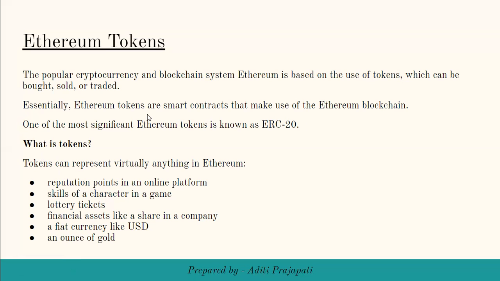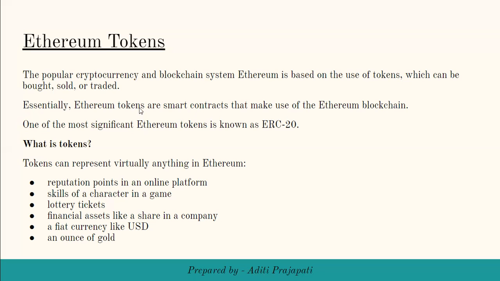Now, what are basically tokens? Tokens can virtually be anything, like reputation points in an online platform, skills of a character, bonus points, lottery tickets, financial assets like a share in a company, a fiat currency like USD, and an ounce of gold. The only thing we have to keep in mind is that a token uses a smart contract, and smart contracts require coding, and for coding we require functions.